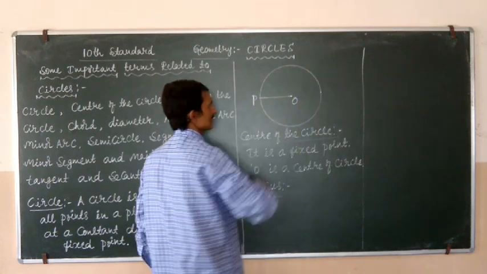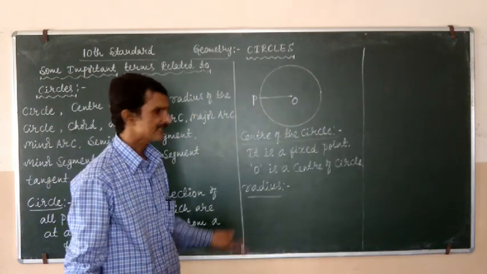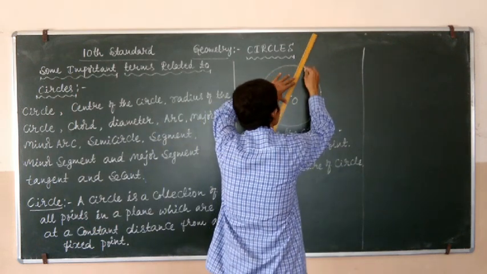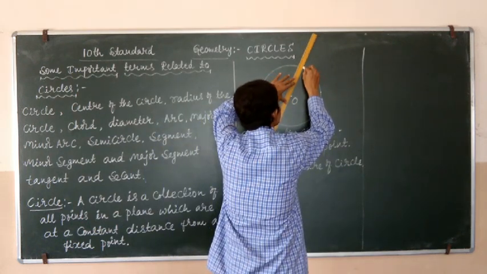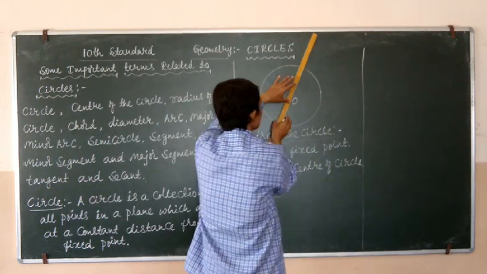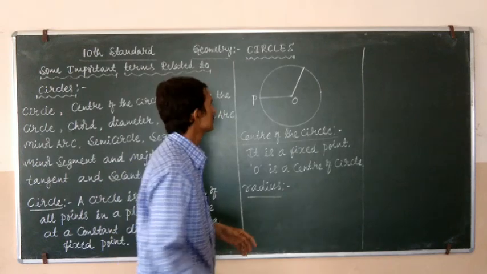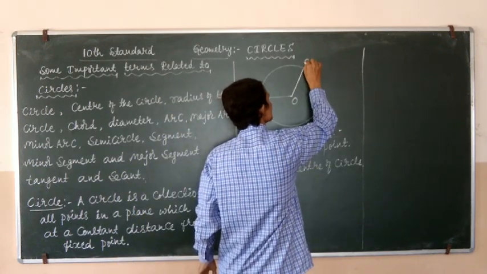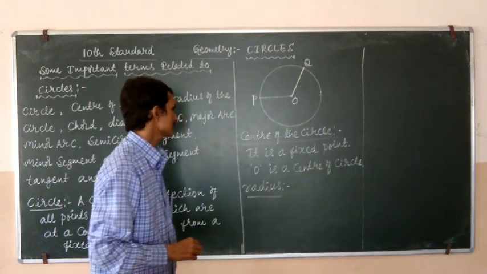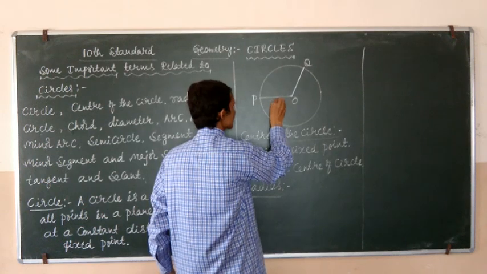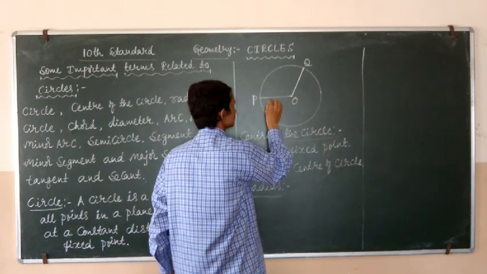Call these points P and Q. So this is called the radius R.